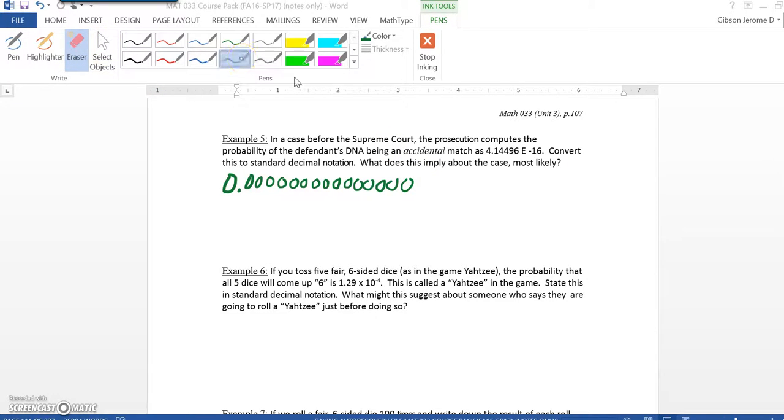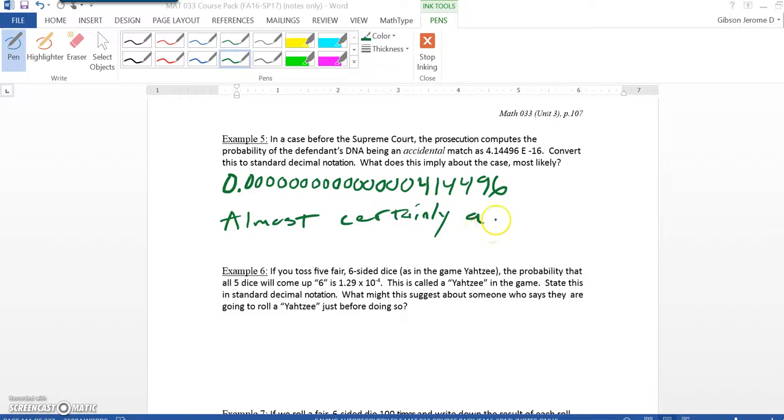So 15 zeros. And then we will write down the numbers 4, 1, 4, 4, 9, 6. Now, they said, what does this imply about the case most likely? That is almost certainly a match.